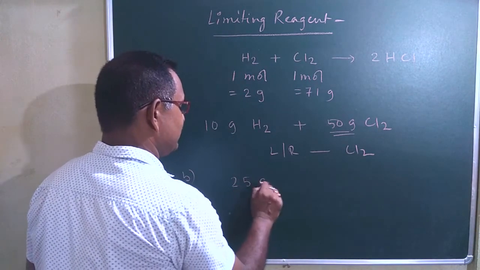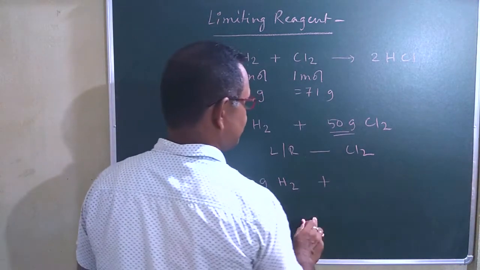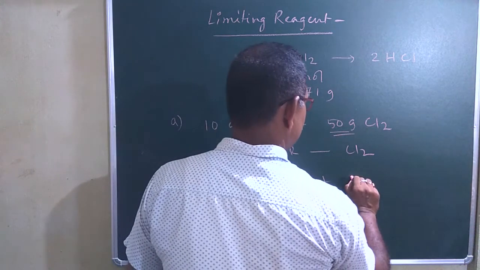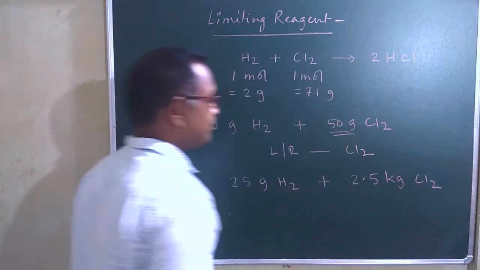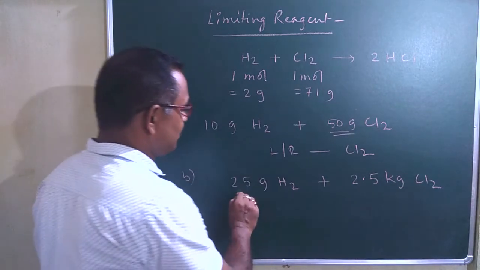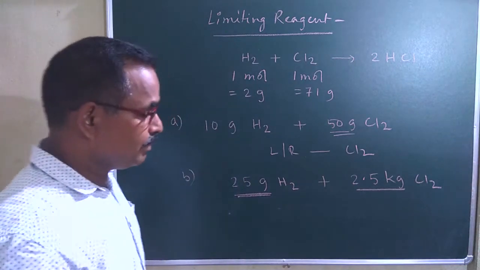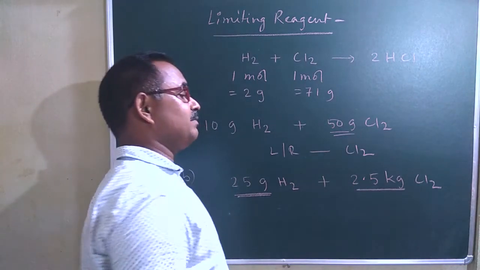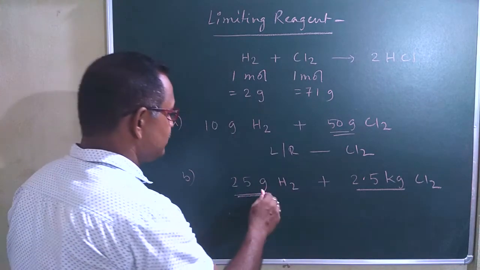Suppose 25 gram hydrogen is treated with 2.5 kg of chlorine. 2.5 kg means 2500 gram. Again, you go to the same procedure.